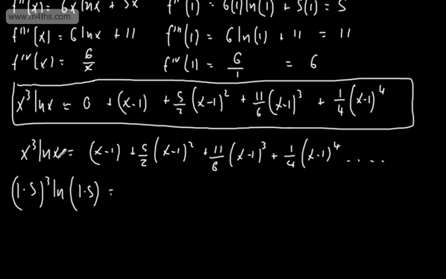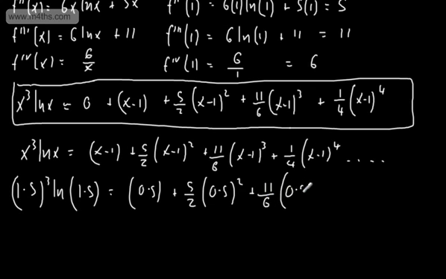Consider subbing in x is 1.5 here. All we're going to get is 0.5 plus 5 over 2, 0.5 squared, plus 11 over 6, 0.5 cubed, plus 1 over 4, 0.5 to the power 4.